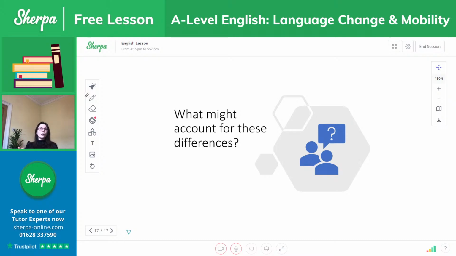So then, to apply what I discussed earlier, let's think about what might account for these differences in their speech. Obviously age isn't going to be a factor here because they were both exactly the same age. So we have to look into other things that might be playing into the differences in their speech.